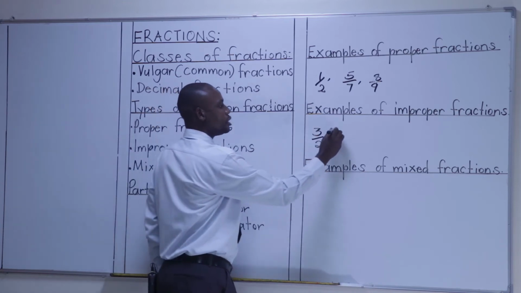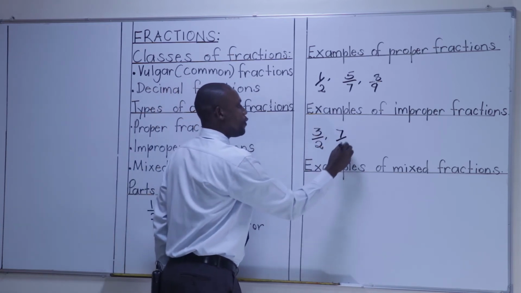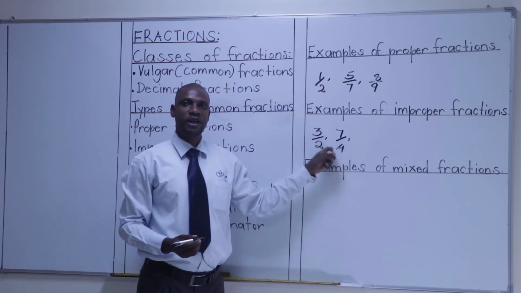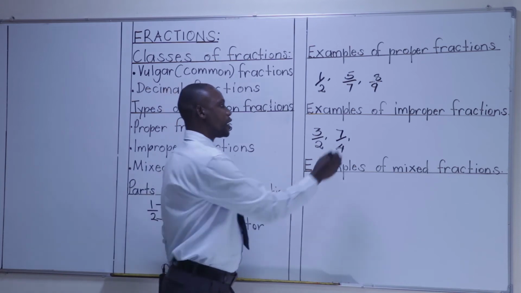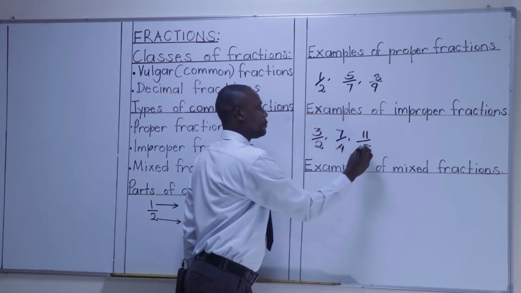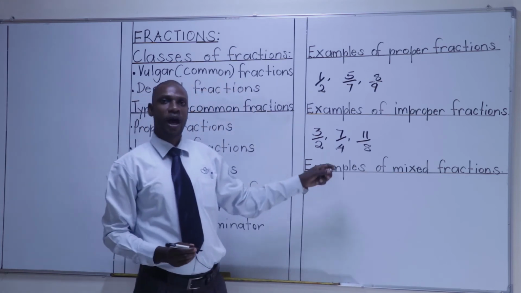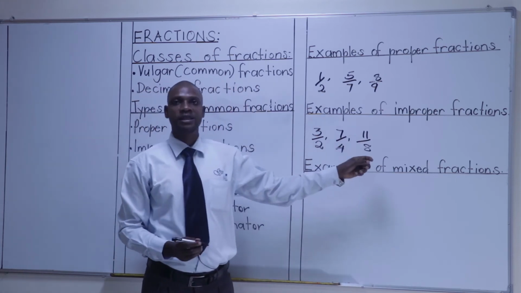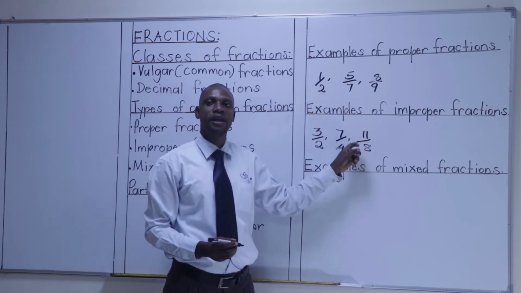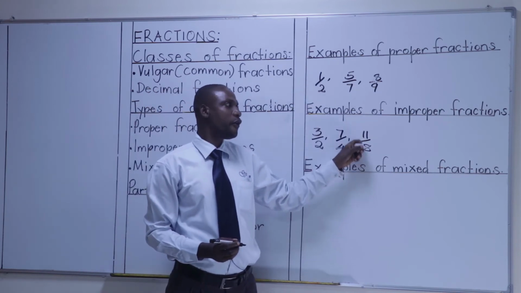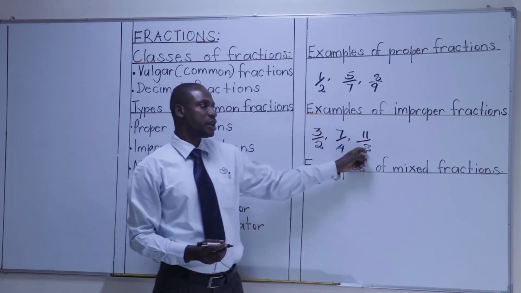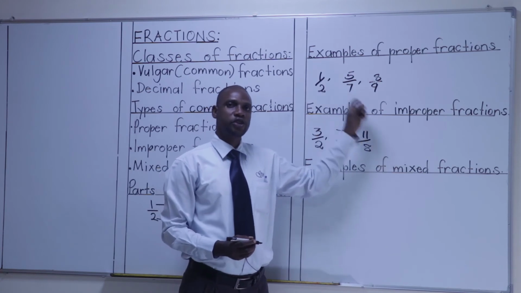When I write 7 out of 4, 7 is bigger than 4, and therefore this one is an improper fraction. We can have 11 out of 8. That one is also an improper fraction, and so many others. We have said the upper number should be bigger than the lower number, and therefore that one is an improper fraction. So these are some of the examples of improper fractions.